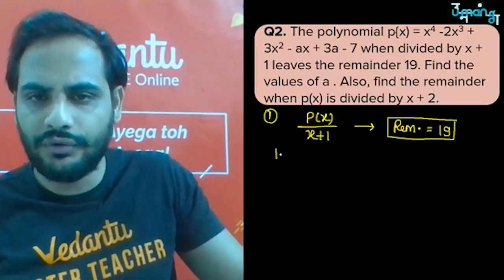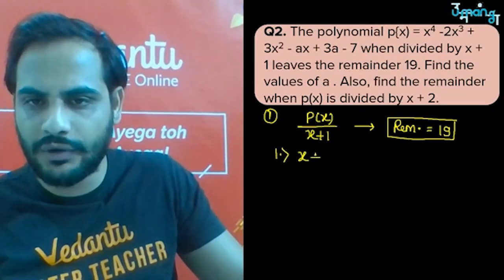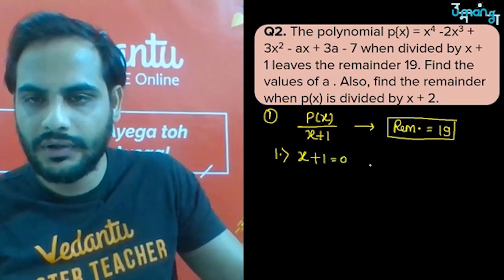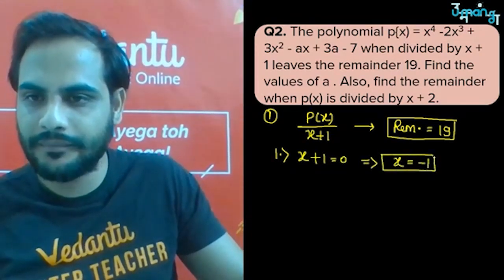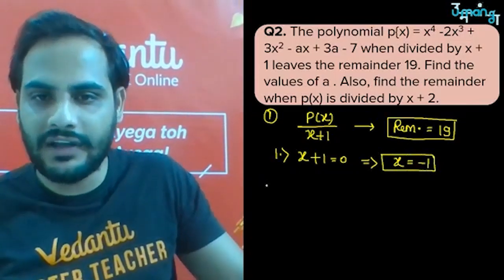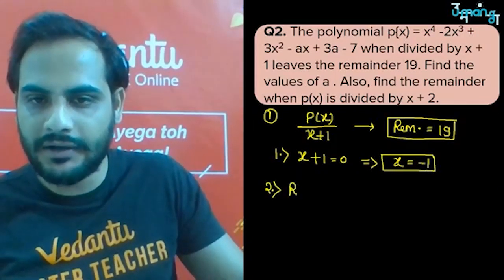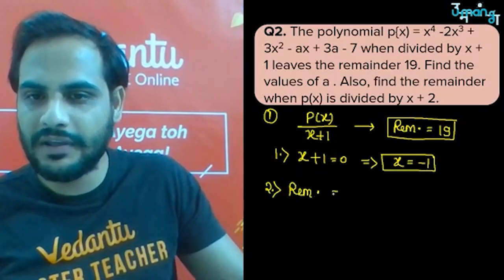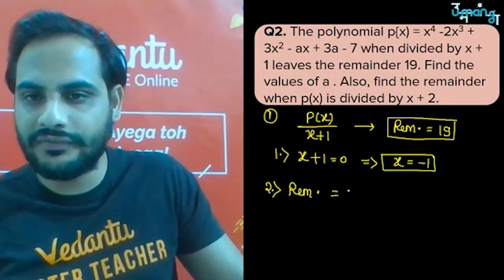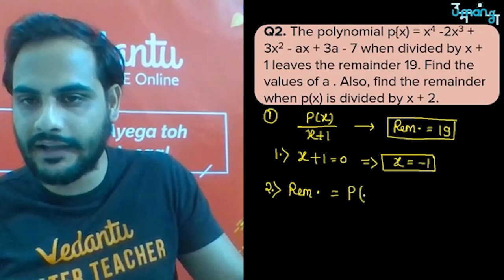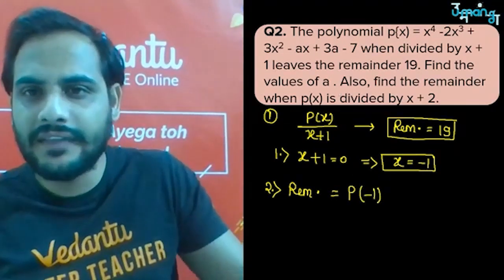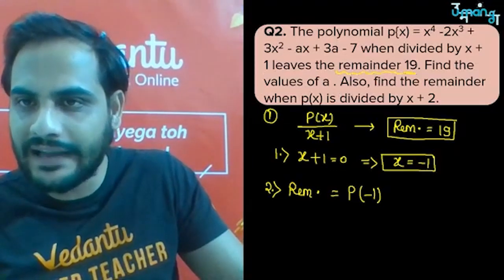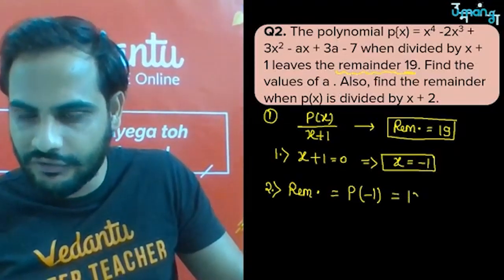So as you all know, step 1, make divisor equal to 0. So you will get x is equal to minus 1, right? So I will say now step 2, the remainder will be equal to the value of this polynomial, the dividend, at x is equal to minus 1, right? This will be a remainder, and they have already told that the remainder is 19. So I know this value should be equal to 19.